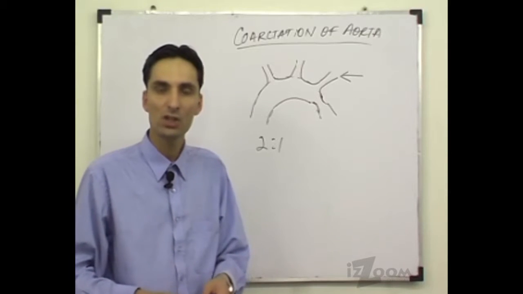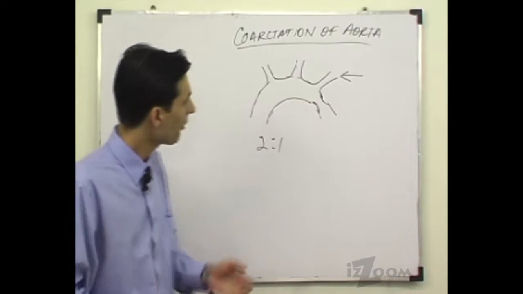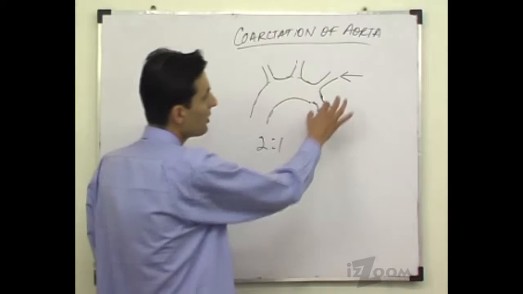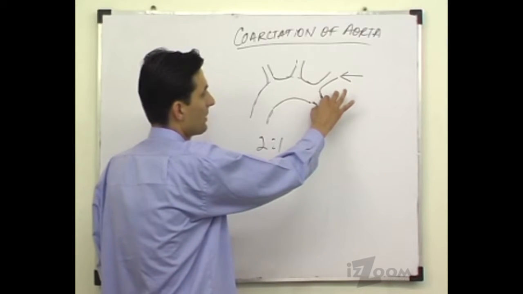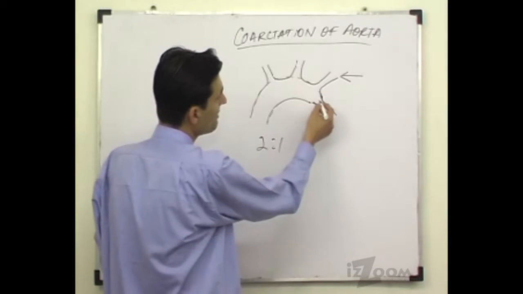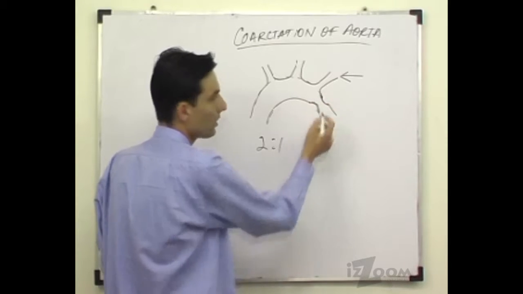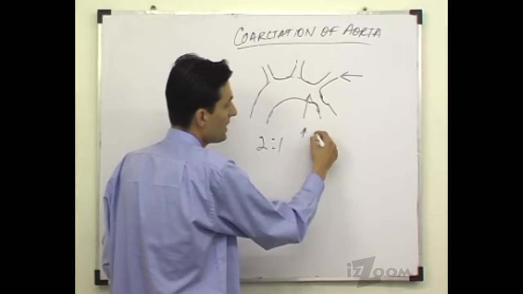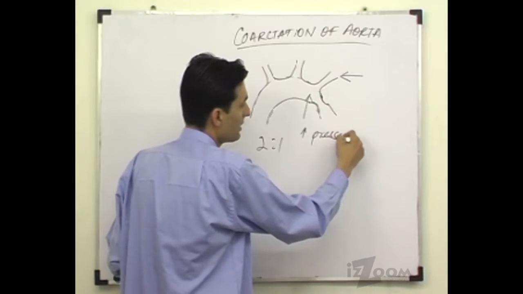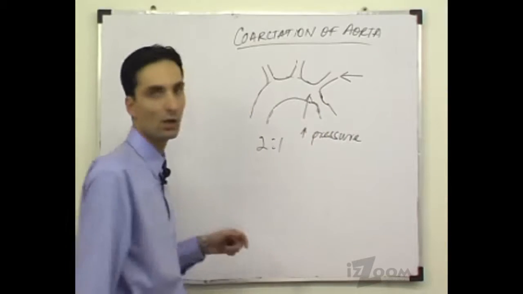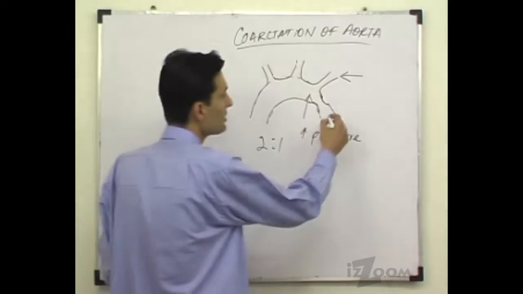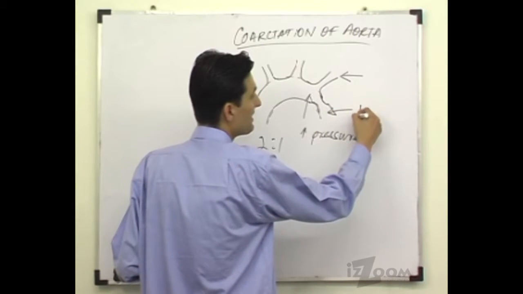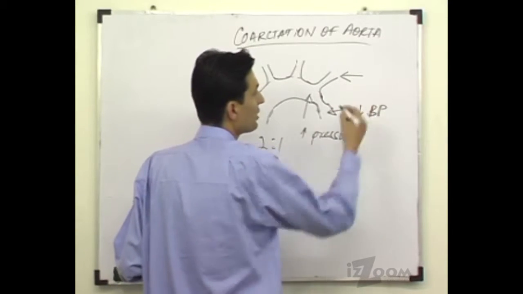So how do these patients present to you clinically? Well, as you can see, the aorta is narrow right here. So proximal to this narrowing of the aorta, there will be increased pressure of blood proximal to the constriction, and distal to this constriction there will be decreased blood pressure.